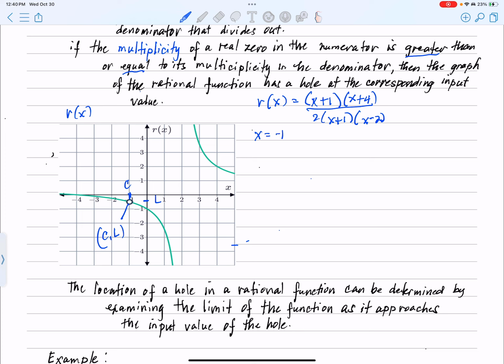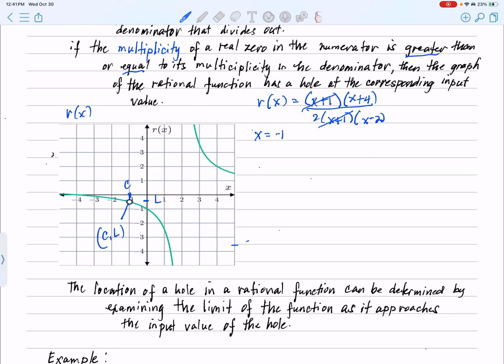Let's look at our function here. We have a factor that we can see in the numerator and in the denominator, which is the x plus 1 that appears both in the numerator and denominator. So we cancel that out.